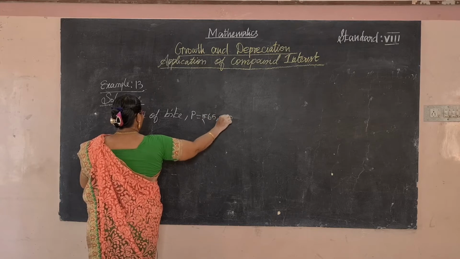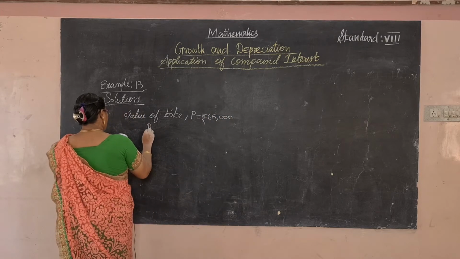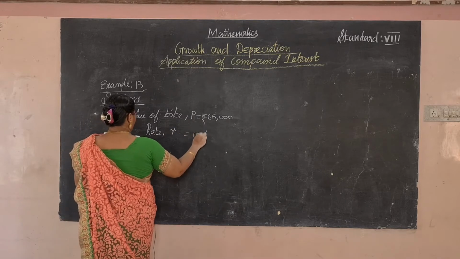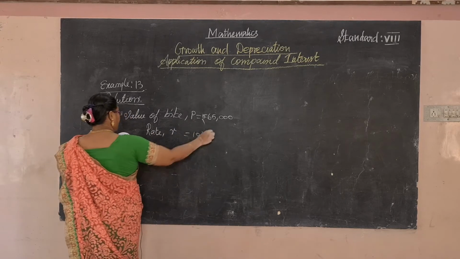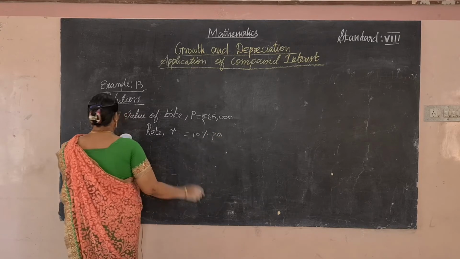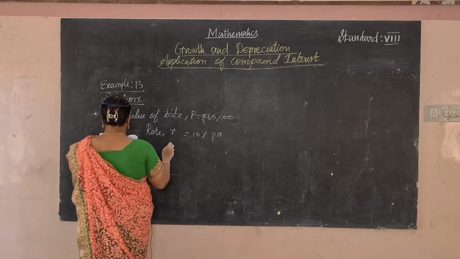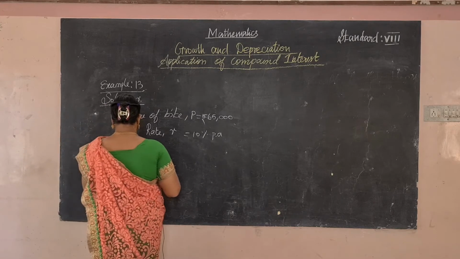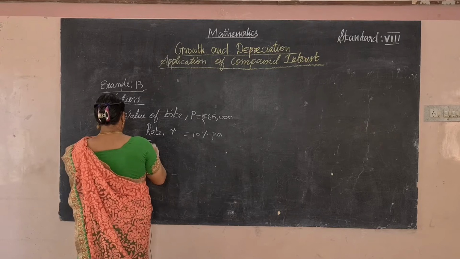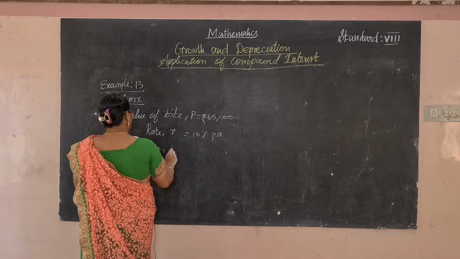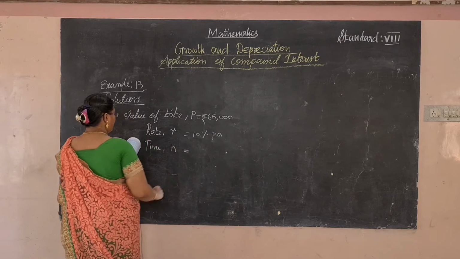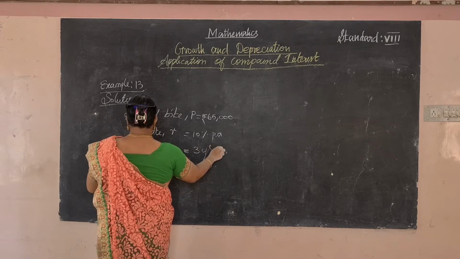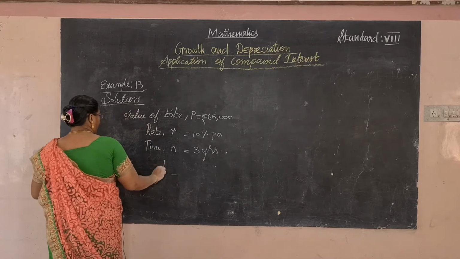Rate is 10% per annum. And time, here we consider the smaller n. So n is equal to 3 years. So what is the formula?